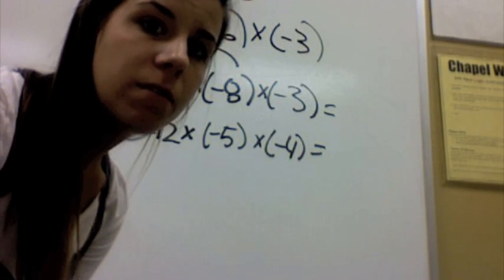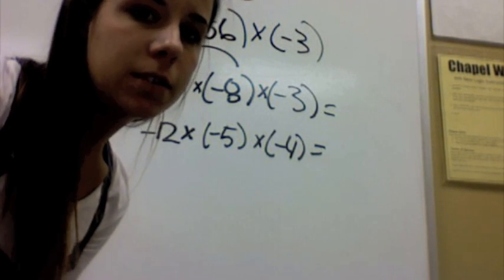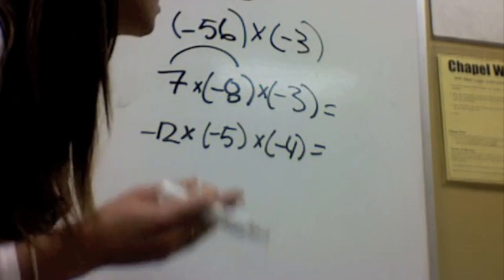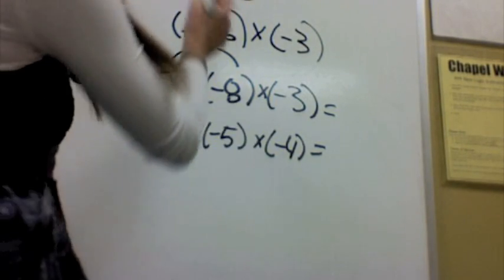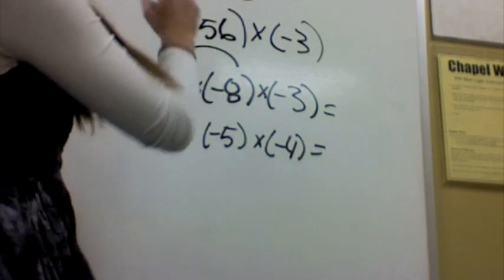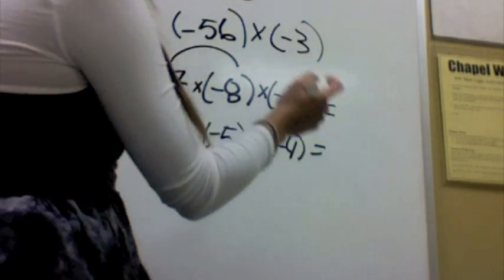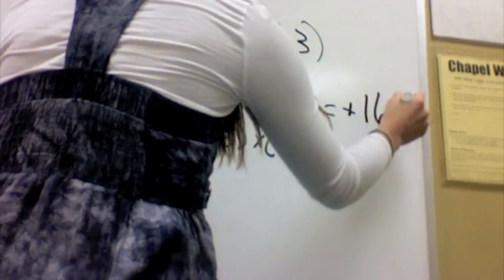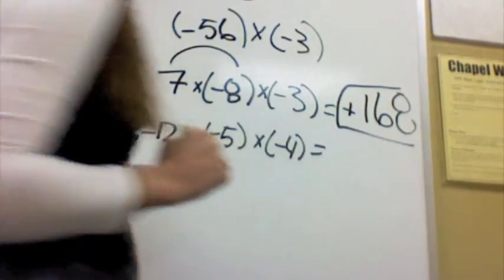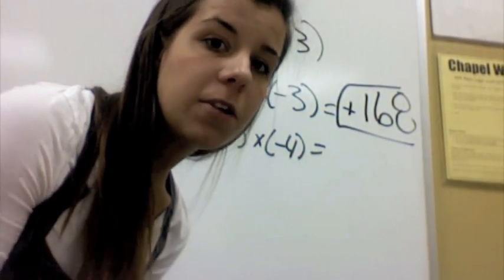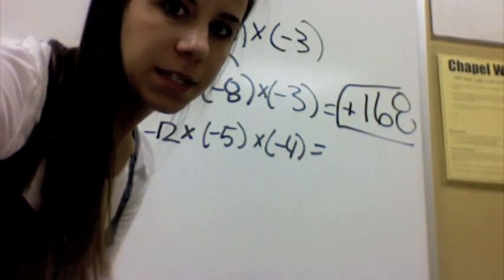A rule we have: when you have a negative number times another negative number, you're going to get a positive answer. So I know that's going to be a positive 168. So -56 times -3 gives us a positive 168 for our answer. If you guys need to, pause it or rewind and look over those steps again.